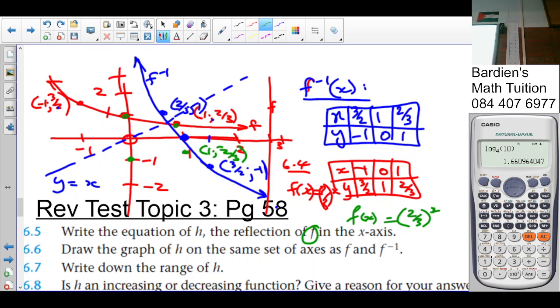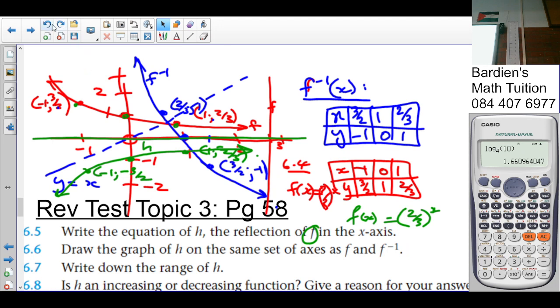This point here, which is negative 1 and 1.5, becomes negative 1 and negative 1.5. You see that, people? The asymptote remains its asymptote, but there's that graph. And this is your h graph, h of x. If I fold this graph along this line here, then this f graph will fall exactly onto this h graph here. It's important to note that.